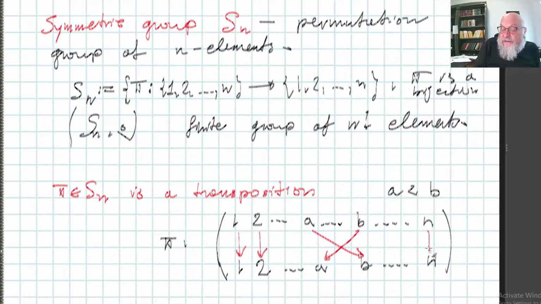Here it switches A with B, and all other numbers are mapped onto themselves. So in such a case, this is a transposition, and we can write that this is (A B). So it switches A and B.